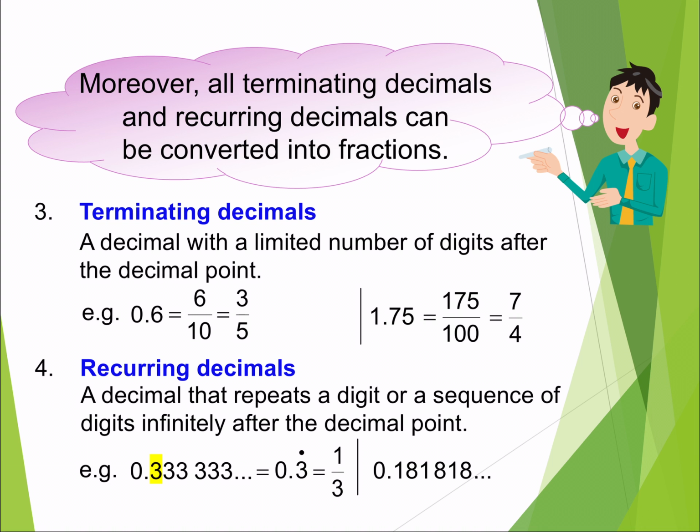Okay, so the 3 is repeating. This is the so-called recurring decimal. So 0.18 recurring equals 2 over 3. You can double check using your calculator. So all recurring decimals are rational numbers.